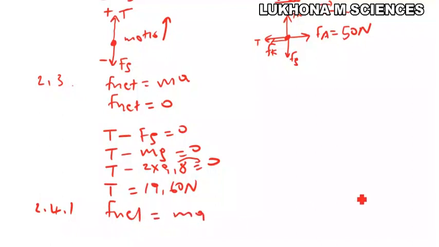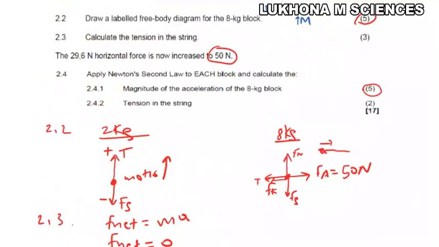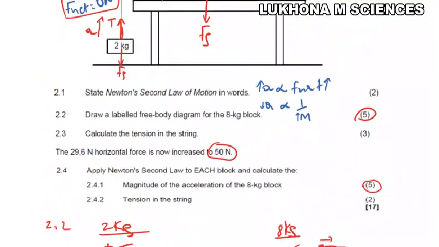So if you look at the marks here, we have 5 marks, which means we're going to have 2 equations, maybe for tension and acceleration. There are 2 unknowns, so we're going to have 2 equations.